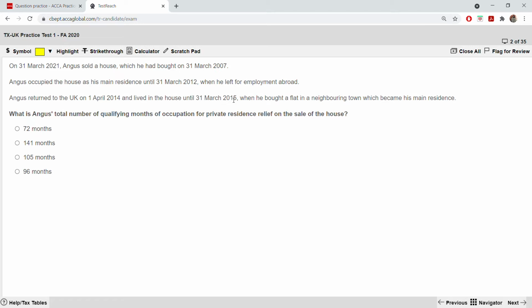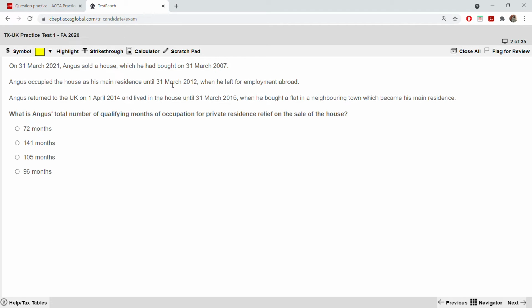Next, when you are employed abroad, at least the first 3 years you can claim. So let us see for how many years. He left on 31st March 2012 and he came back in 2014.